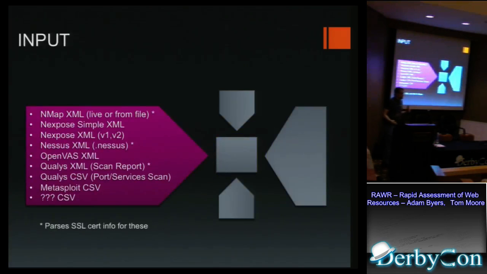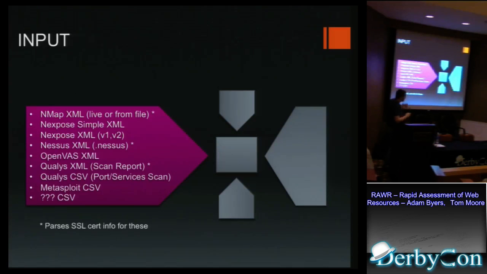So the inputs, what all can you throw into Rawr? The point was to get it to where you can throw pretty much anything at it, anything you guys are actually using in the field, so to speak, and have it parse for hosts and SSL information, anything else you can pull out of the report, right? So you can see what's up there. We're pulling SSL search stuff for the ones that have stars next to them.